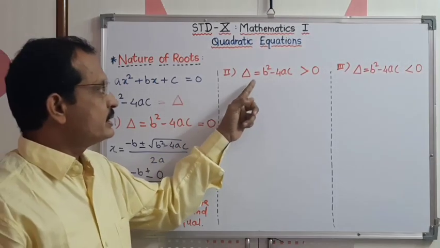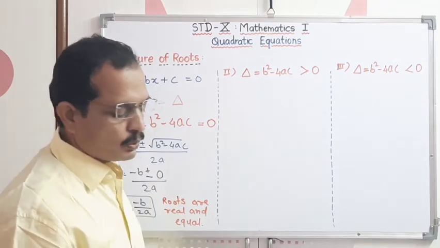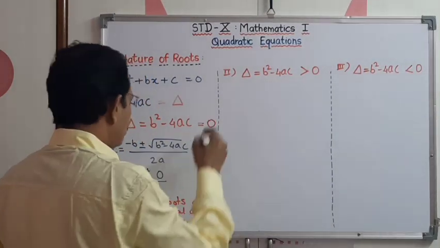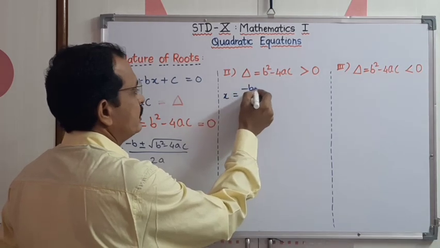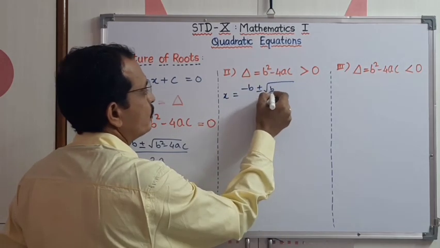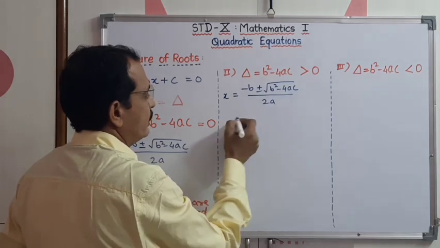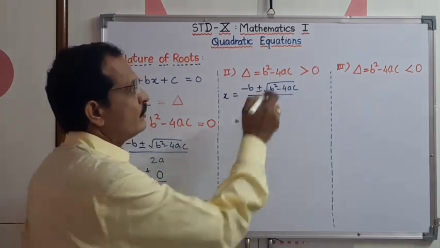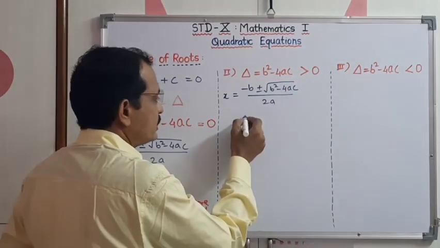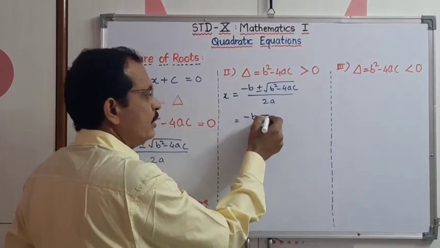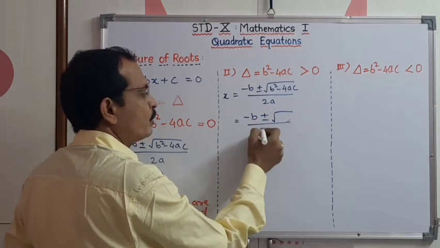The second condition is that b square minus 4ac is greater than 0. Now suppose we use the formula x is equal to minus b plus minus under root b square minus 4ac upon 2a. In this case, the value of b square minus 4ac is greater than 0, that means we can write minus b plus minus some value upon 2a.